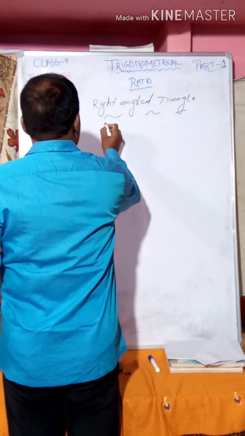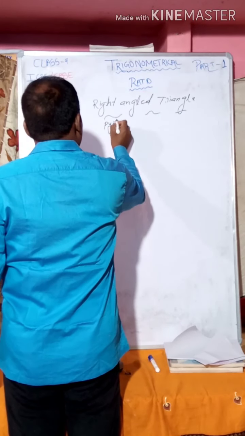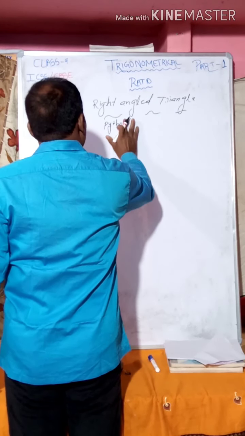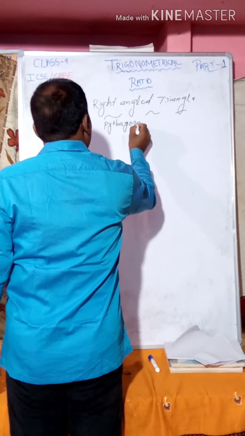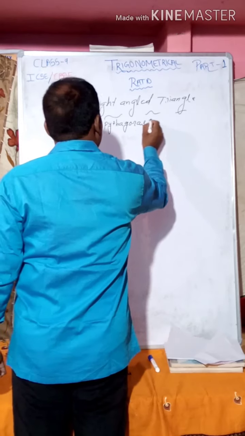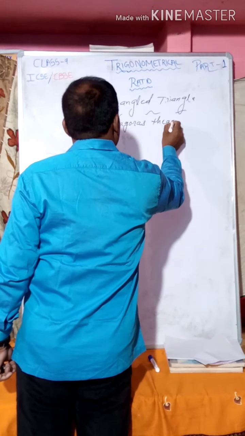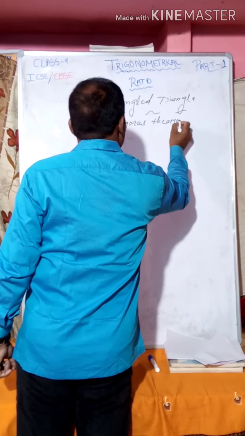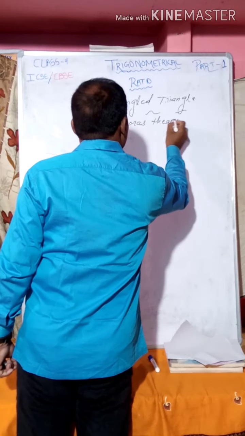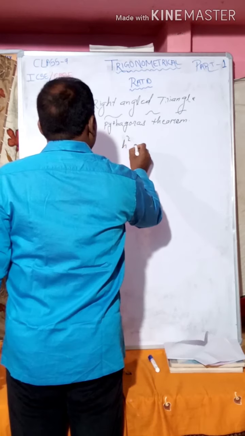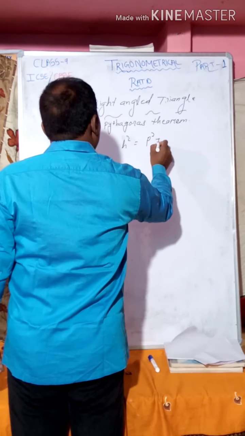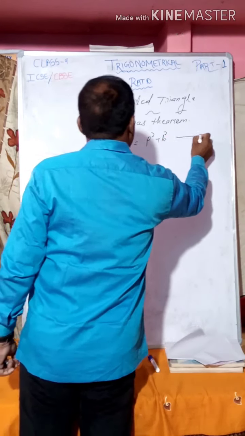So by Pythagoras theorem, H square is equal to P square plus B square.